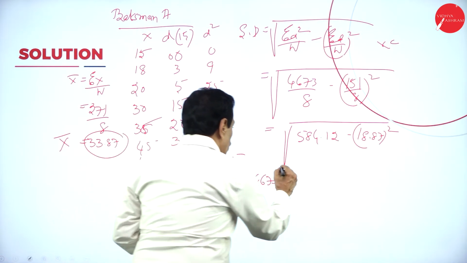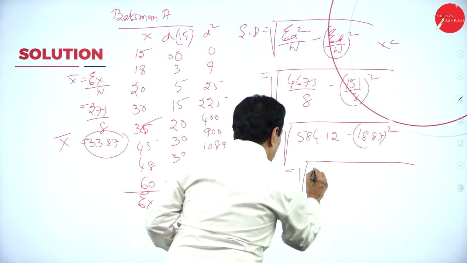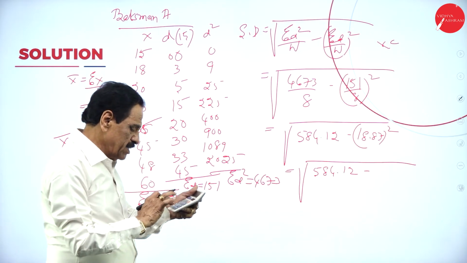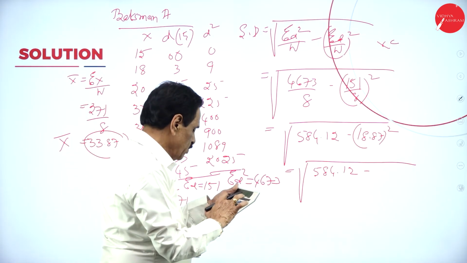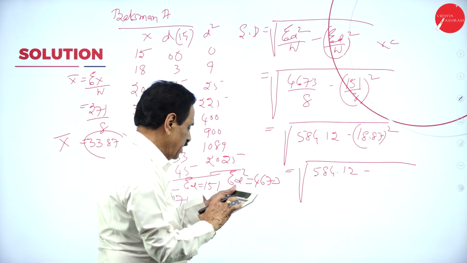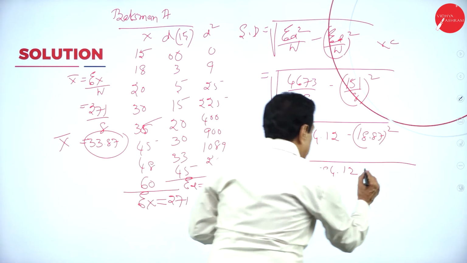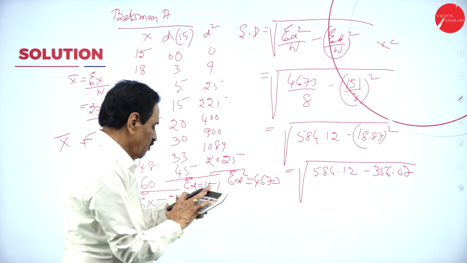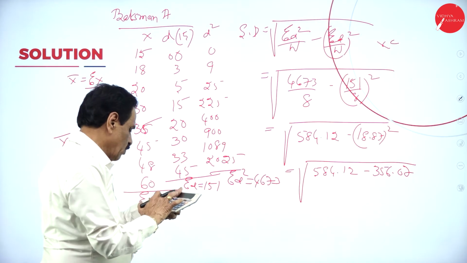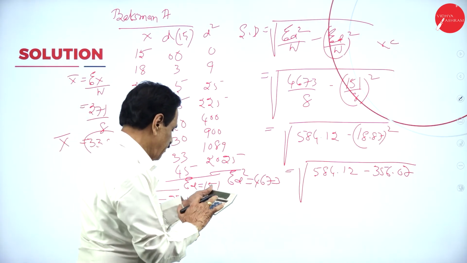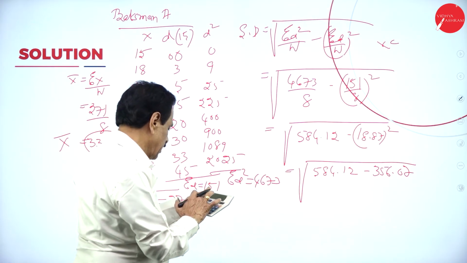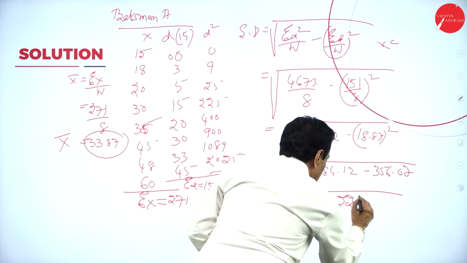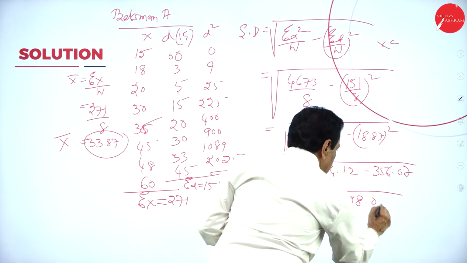So standard deviation is equal to the root of 584.12 minus 18.87 into 18.87, which is 356.07. Deduct: 584.12 minus 356.07 is 228.05.